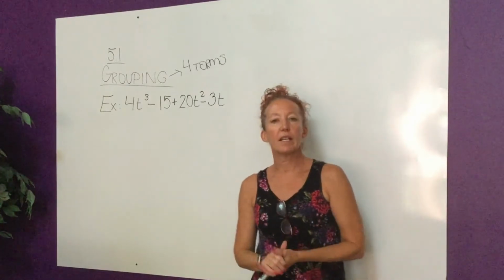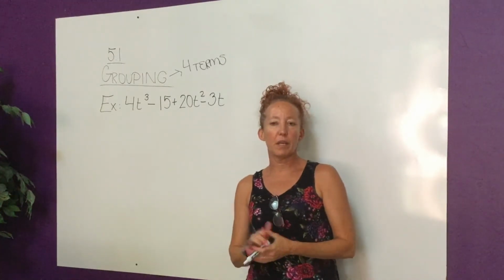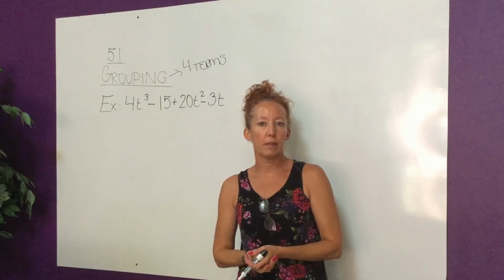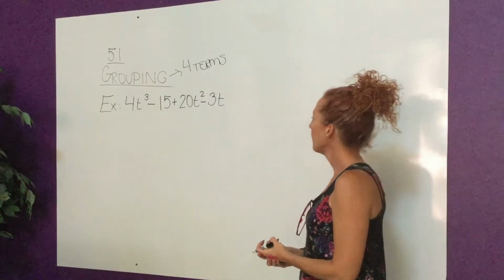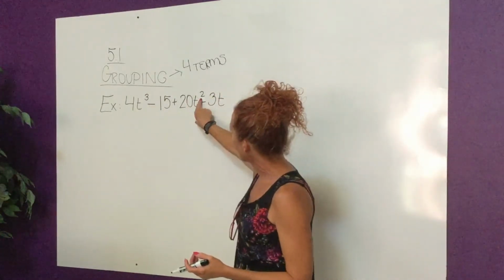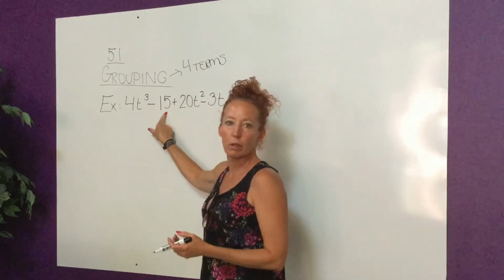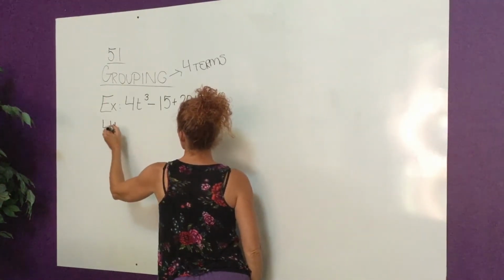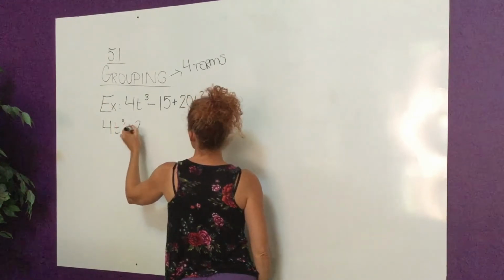So kind of take a second and look at that and tell me or think about what we should do before we get started. And hopefully you can see that your exponents are not in descending order. So I would rewrite, and it'll make the process easier.